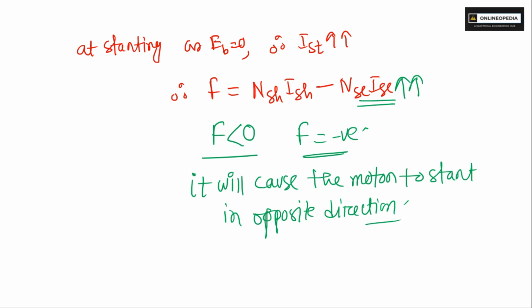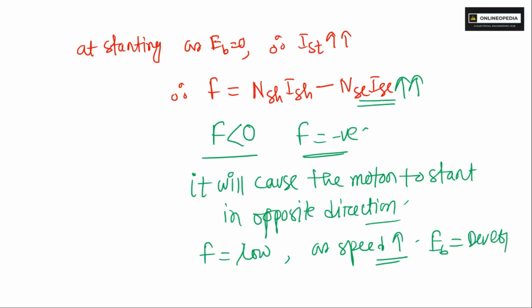So due to high starting current, the motor may start in opposite direction. Basically phi is low during starting. As the speed increases gradually, the EMF is also developed, and after some time it will get to normal condition.